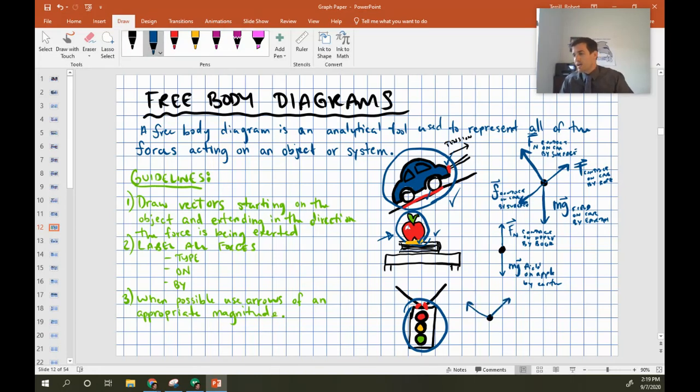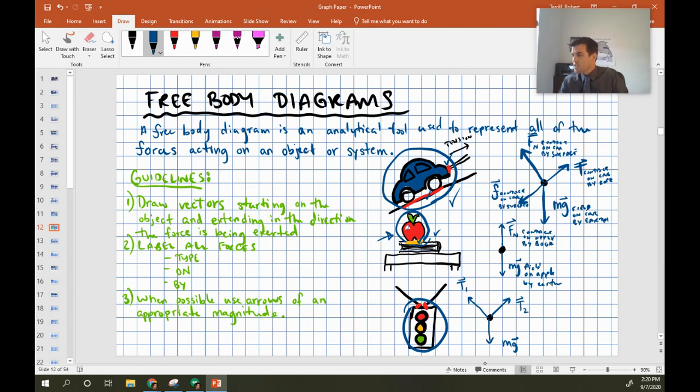Notice that my force vectors are pretty much right there, the same angle as those tensions, and each one of these is a tension. So we'll call this one T1 and T2. And there's a force of gravity acting downwards on it. And each tension is parallel to the direction of the wire, and it's pulling up in those directions.